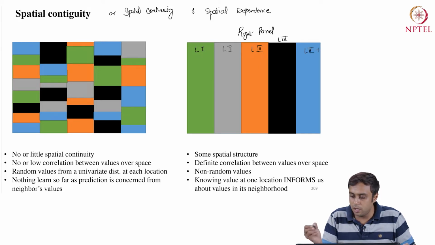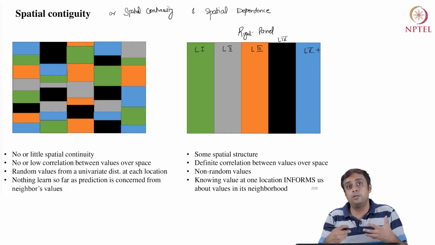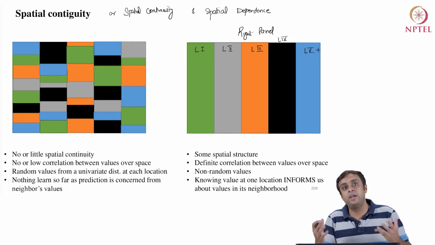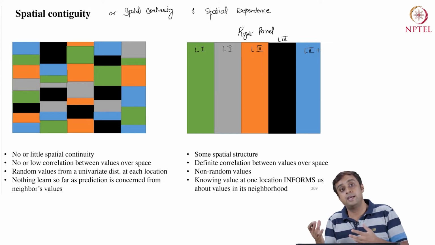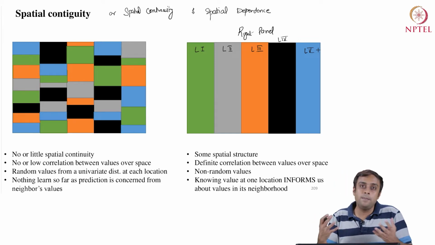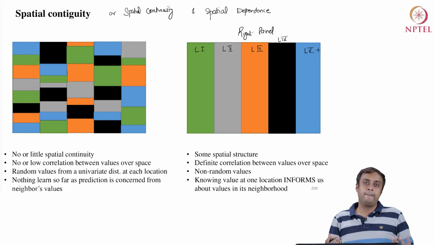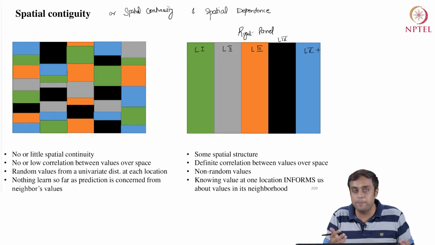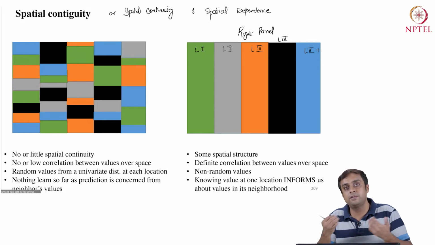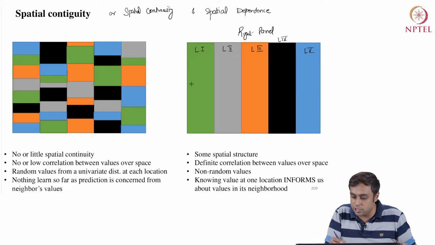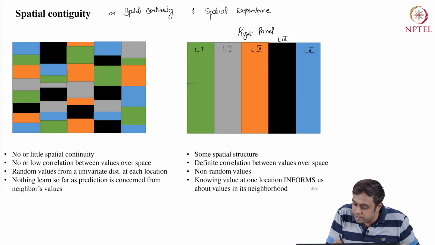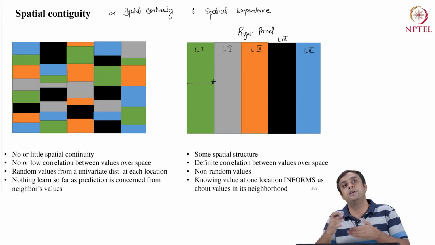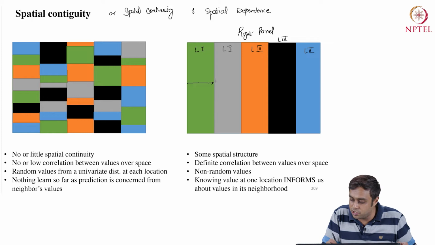All right. Now, what is the utility of having data distributed over space on the right hand side the way it is? There is some kind of a spatial structure going on. When we begin from the left and go on to the right direction, the data remain at the same intensity for a certain distance before it crosses onto a boundary, after which it changes its intensity to something else.